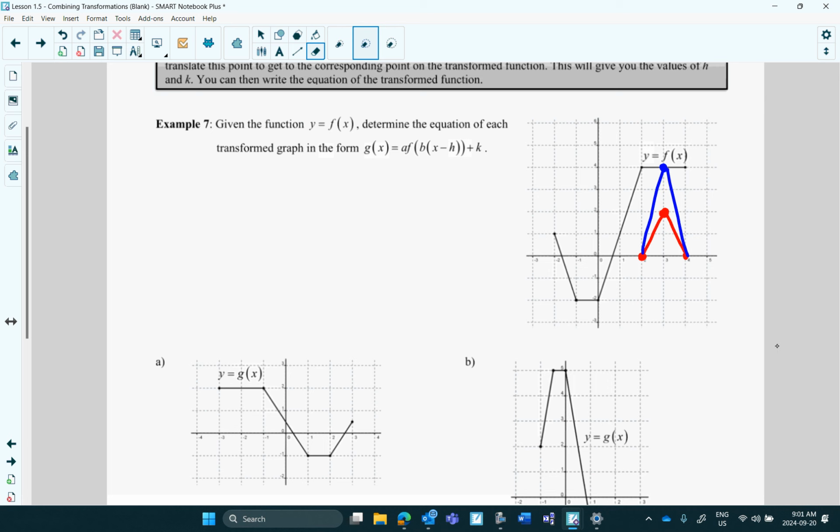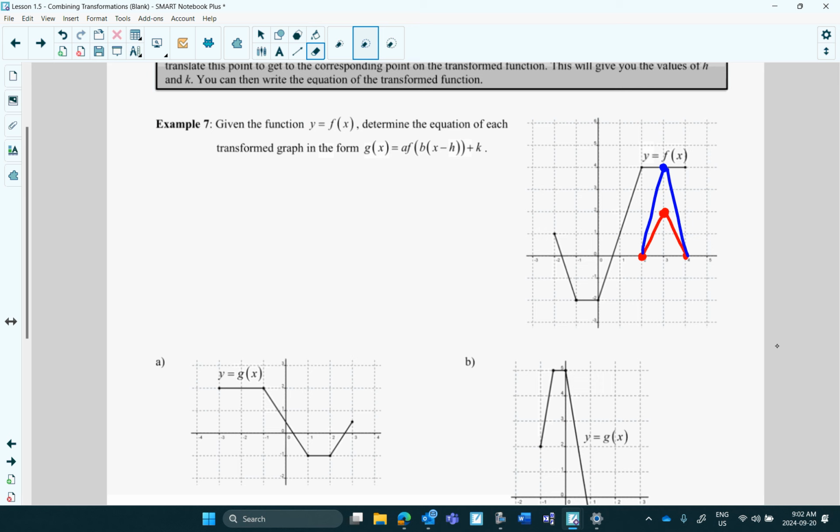And I asked you to write the equation to get this from this. What transformation is happening? Stretch by 2, still need one word, vertically. Vertical stretch by 2, that means it affects A.